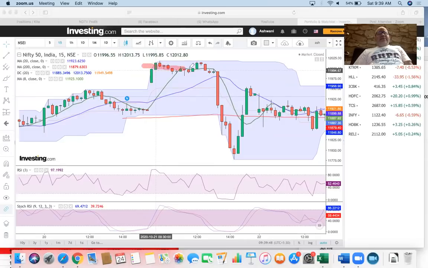So at this zone, what you could have done was, as the market started to reject, rejection means this green candle started to get taken out by this red, and then you had these two small candles, and the market was giving up 12,000. Out here, if you bought a 11,900 weekly put, that put would have become 3 times.